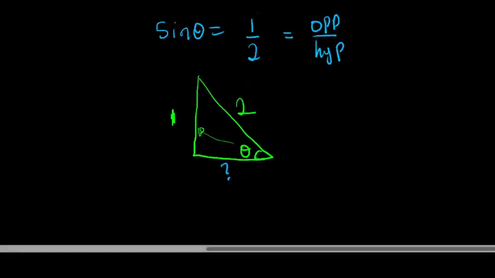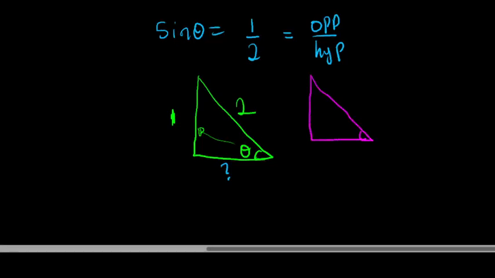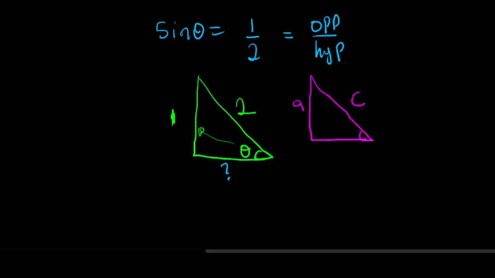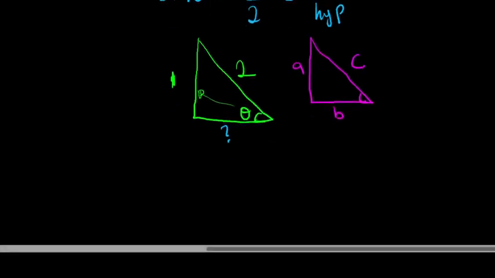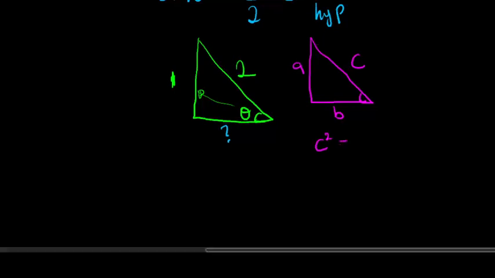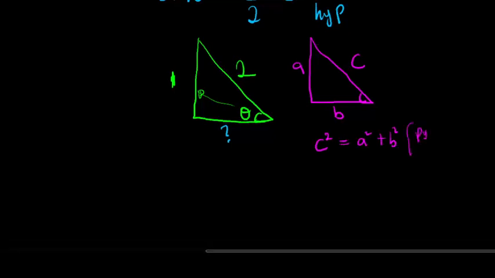Pythagoras theorem is basically used for a right angle triangle. Let's call this C, let's call this A, and let's call this B. The theorem relating them together is called Pythagoras. So you have C square equal to A square plus B square.